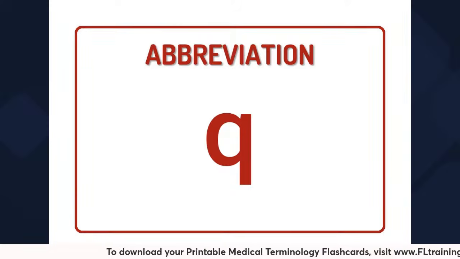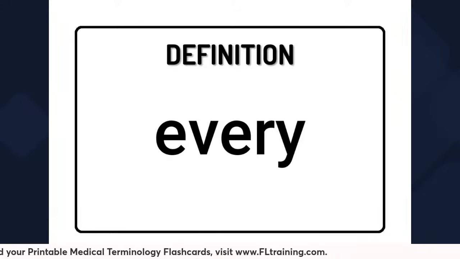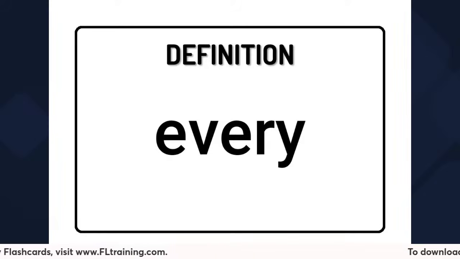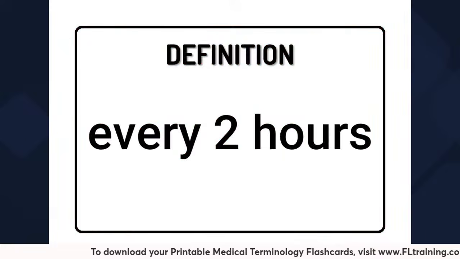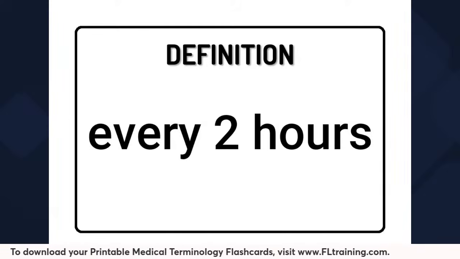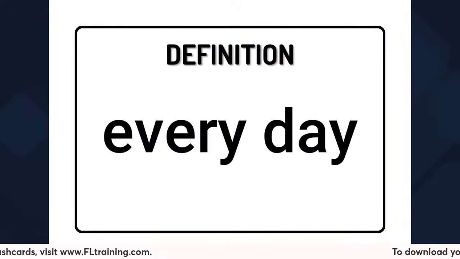Q is the medical abbreviation for every. So your patient is turned Q2H every 2 hours. And here's another example, Q2H, as I just stated, every 2 hours. QD, every day.